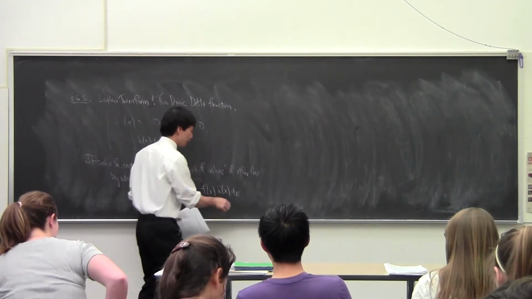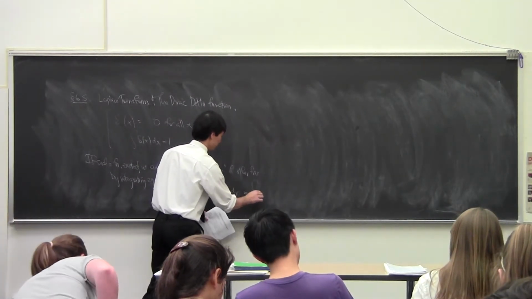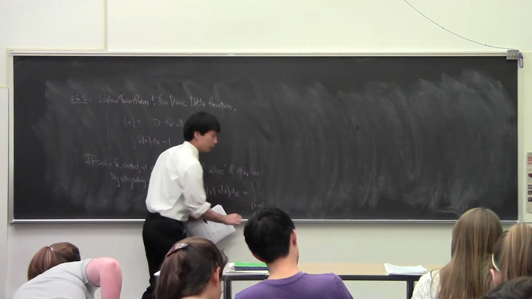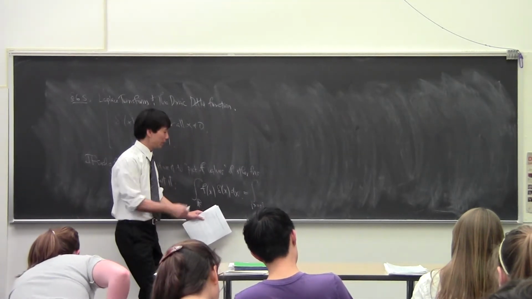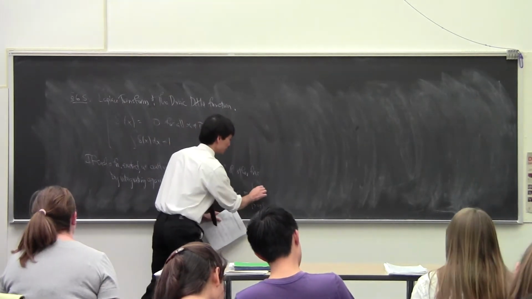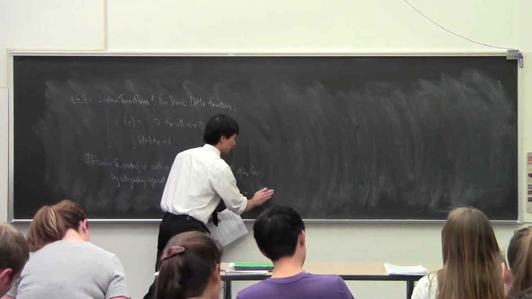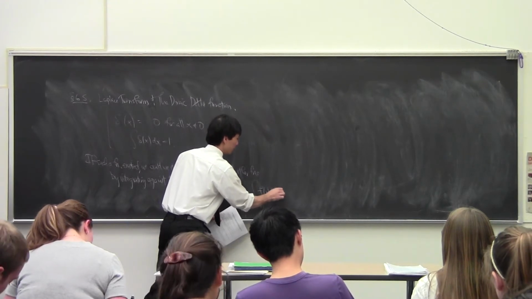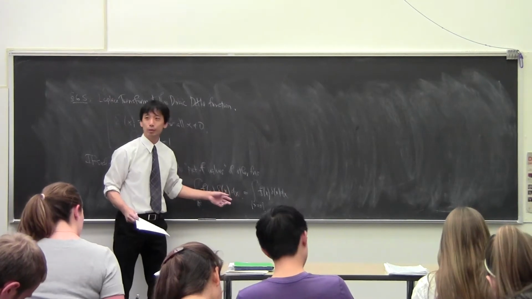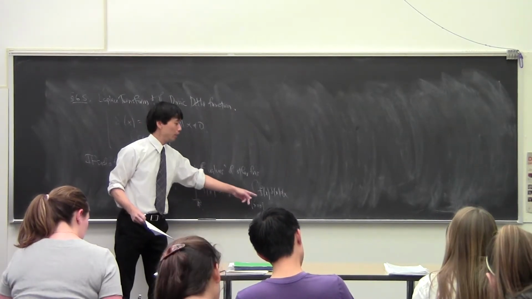So what you would get is the integral only over the point x equals 0, because delta is 0 everywhere else. So it'd be sort of like an integral only over a single point.